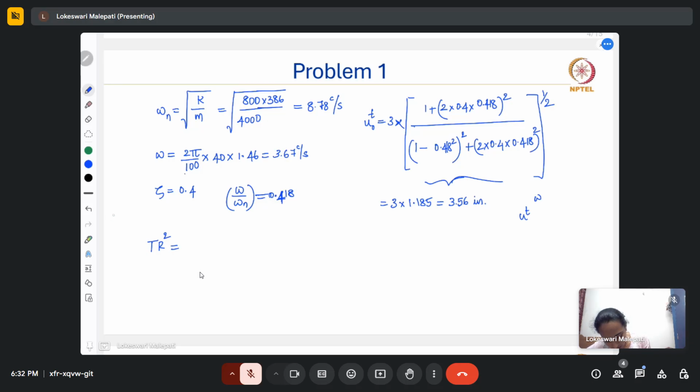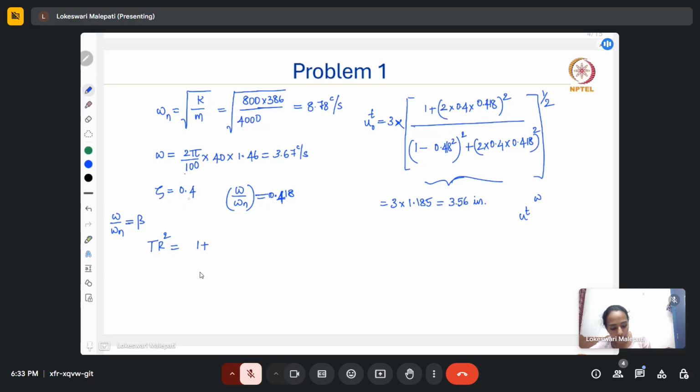So let's replace omega by omega n with beta. Then we will have TR square is equal to 2 zeta. So zeta we already know, we can just directly substitute this.